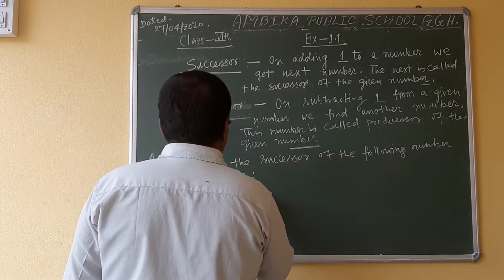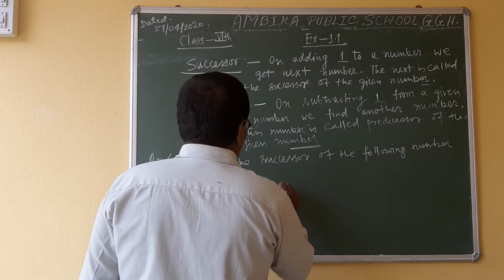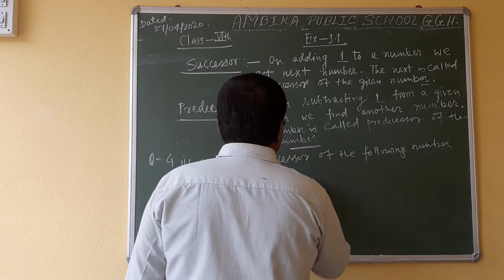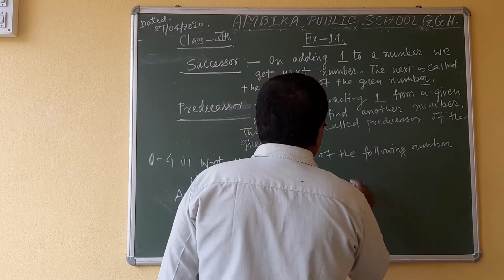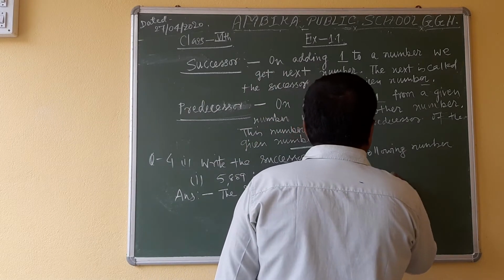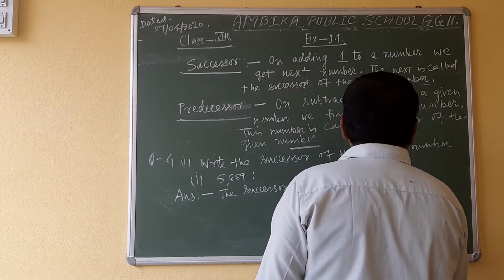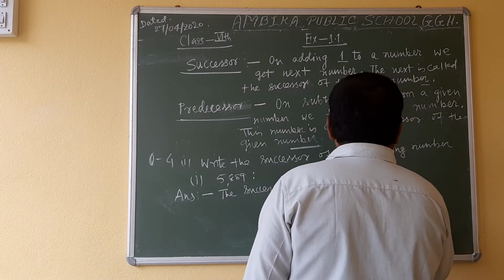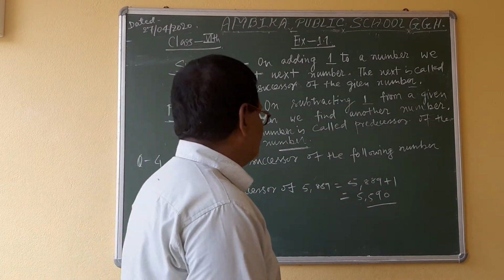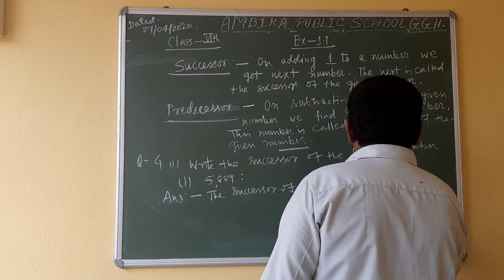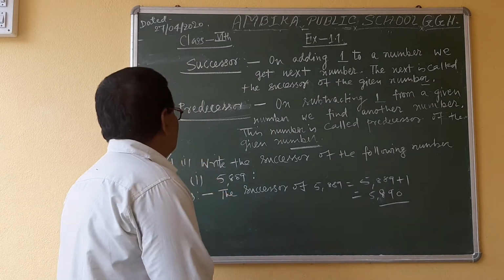The successor of 5889 is equal to 5889 plus 1, बराबर 5890.